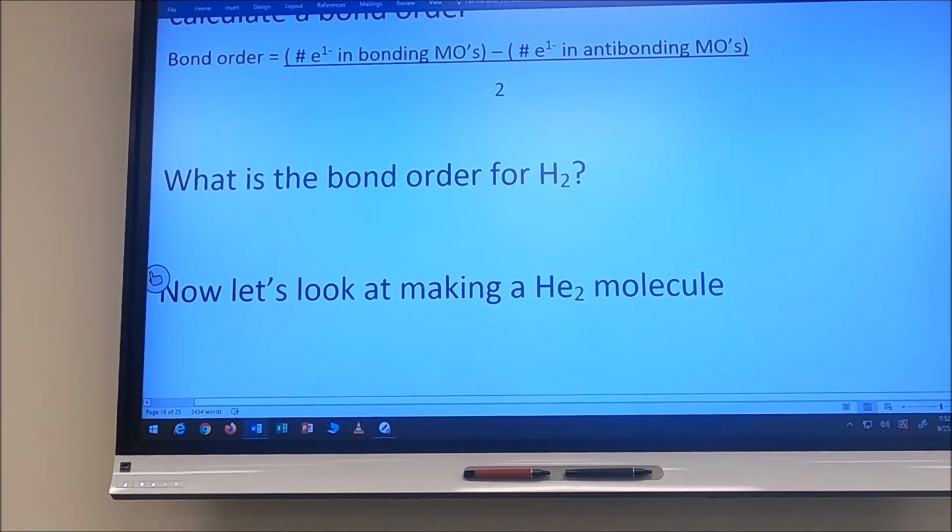The bond order for an H2 molecule is 2 minus 0 divided by 2, which gives us a bond order of 1. As long as the bond order is greater than 0, a positive value, then the molecule can exist.